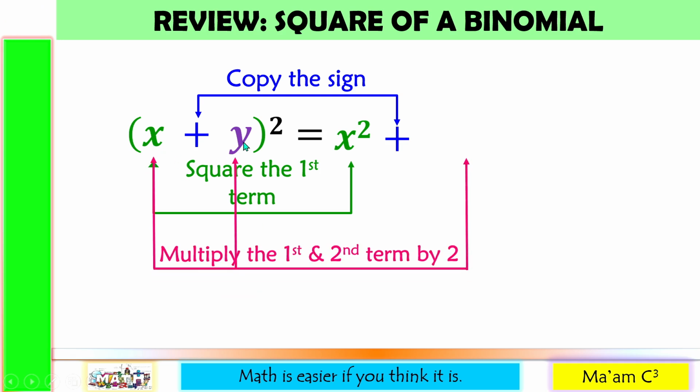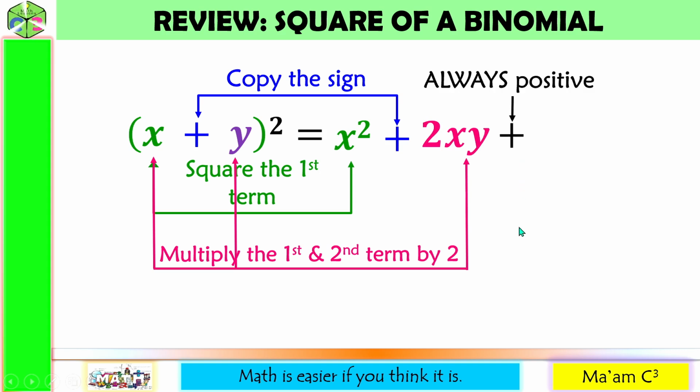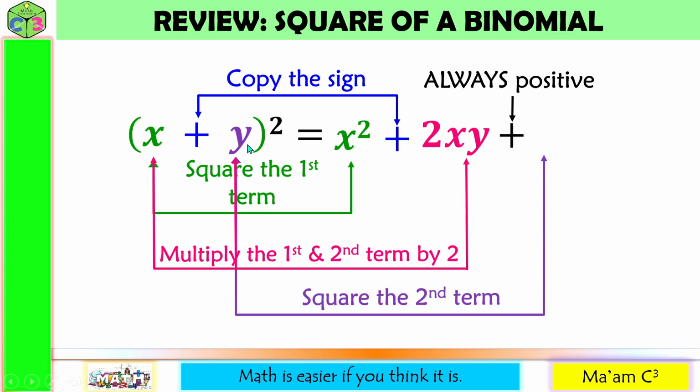So x times y is xy, times 2 will give us 2xy. And the sign of the third term is always positive. For the third term, we simply have to square the second term. And y raised to the second power is y squared. The product, this one, is a trinomial. In fact, this is a perfect square trinomial.